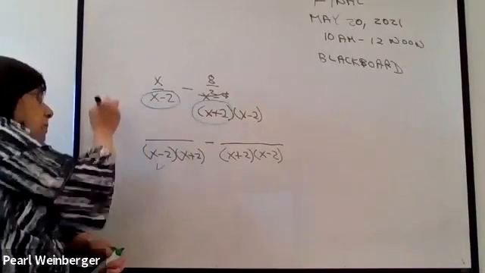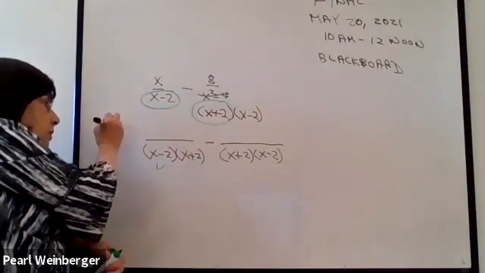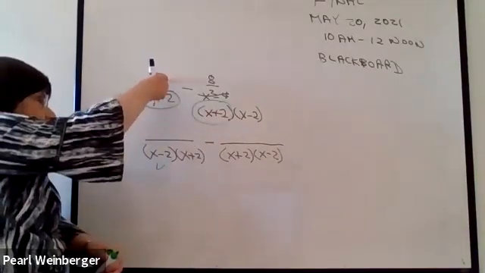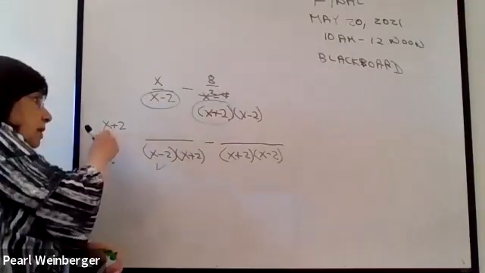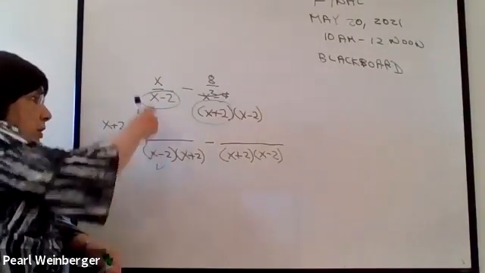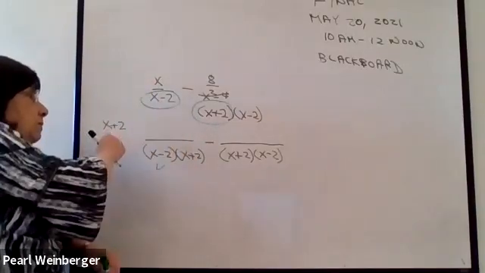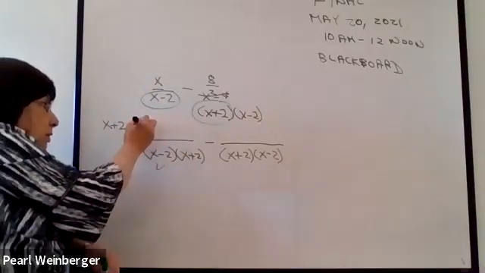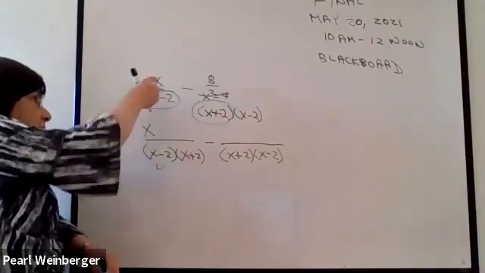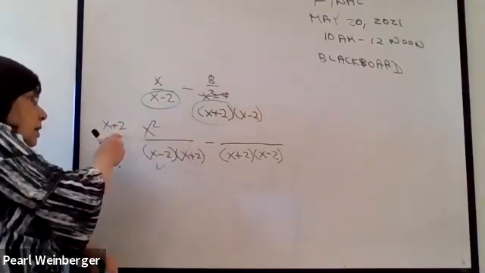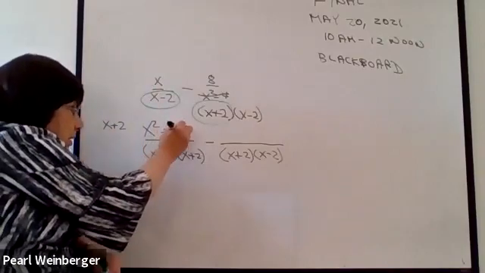I have to multiply by x plus 2. I have to take this x and multiply by the x plus 2. The x minus 2 was multiplied by the x plus 2, so the x has to be multiplied by the x plus 2 as well. So that's going to be x times x is x squared, and 2 times x is 2x.